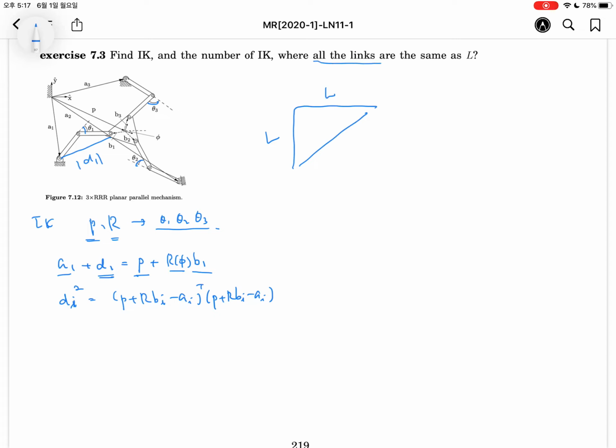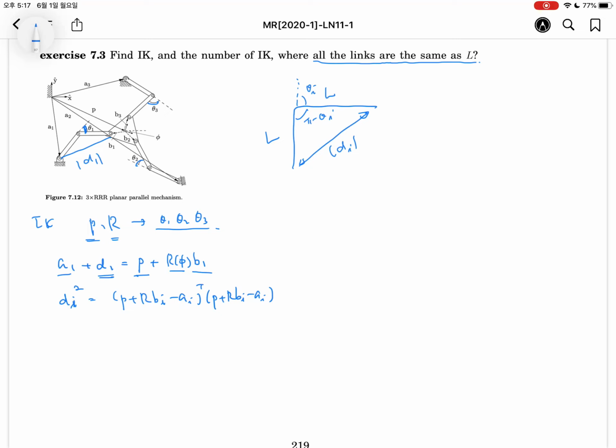This is the L, because all the links are the same length L. And this is theta i, without loss of generality. This part will be pi minus theta i. This length will be the Di magnitude.